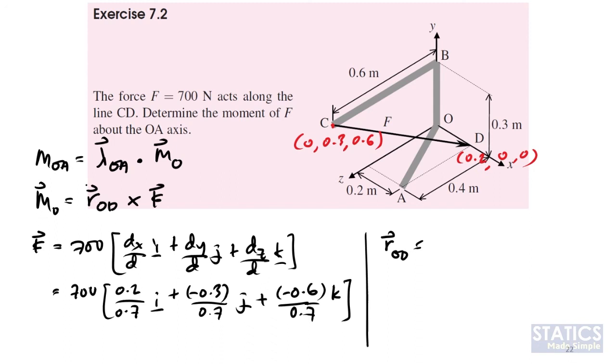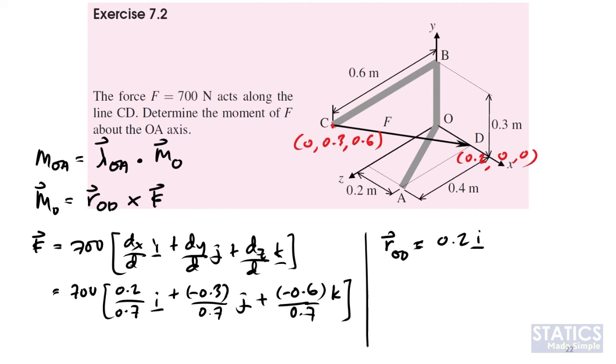So for the position vector OD, it will be equal to the distance, which is 0.2, and since this distance is along x, you have 0.2 i. No distance along y and no distance along z. So that's your rOD, as simple as that.